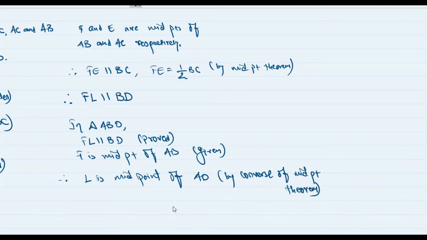Right? A line drawn from the midpoint of one side of the triangle parallel to the third side bisects the opposite side. That's the converse of the midpoint theorem. So L is the midpoint of AD. Therefore, FE bisects AD. So that's the second proof which we wanted.